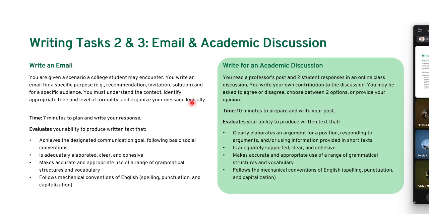The next is the academic discussion task. There are two parts. There is a professor who posts a question. First there is a background, and at the end of the background, there is a question, and two students respond to the professor's question.